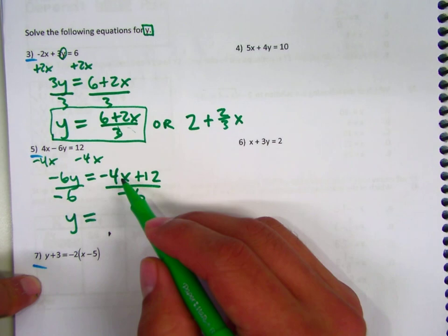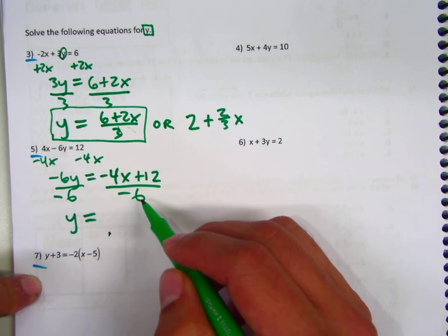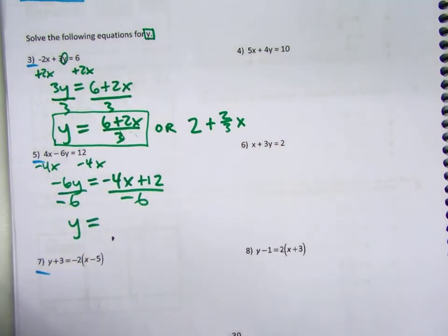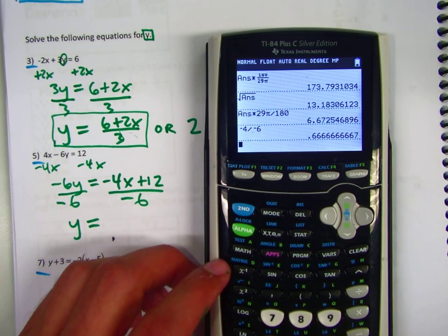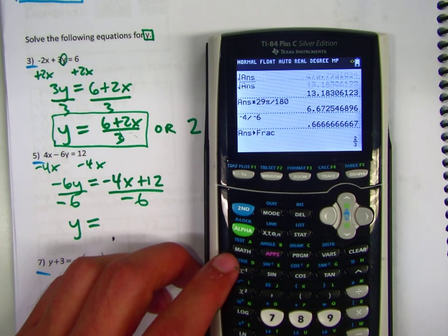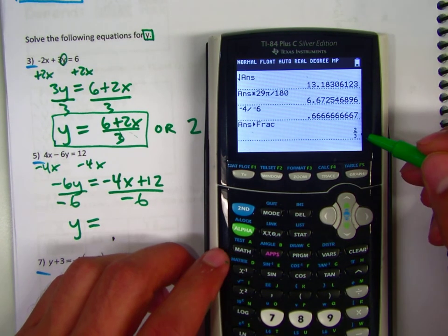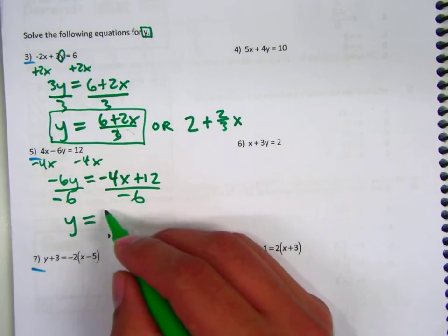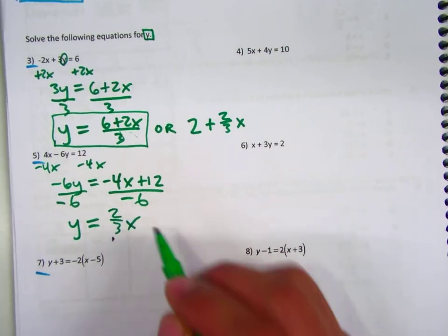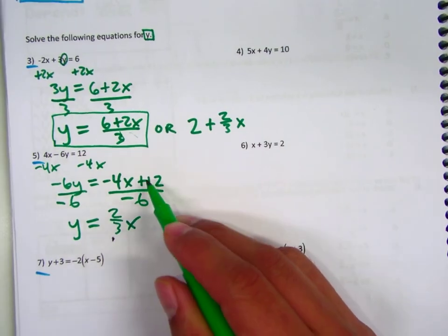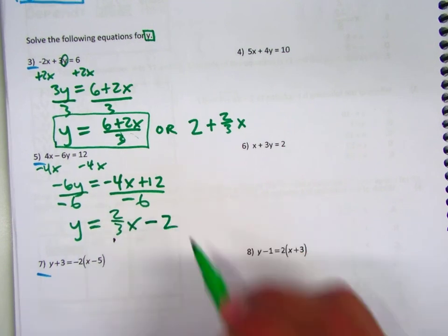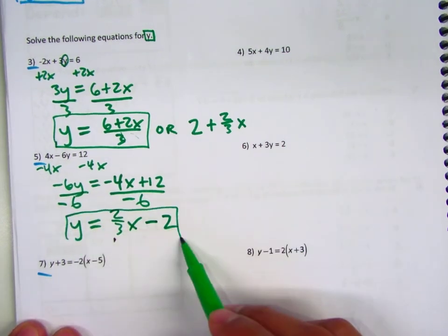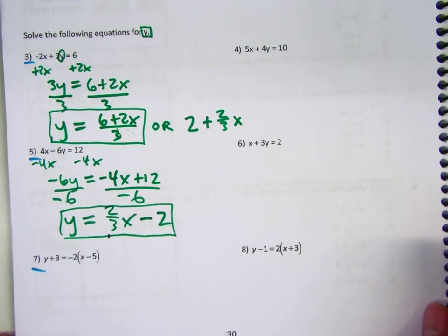We can type negative 4 divided by negative 6 on the calculator, or if you can just do it in your head, that's a lot easier. But reduce that fraction, and you get 2/3. Okay, so we're going to get 2/3 x, and then a positive 12 divided by a negative 6, that's negative 2. So this would be the best answer here. Okay.